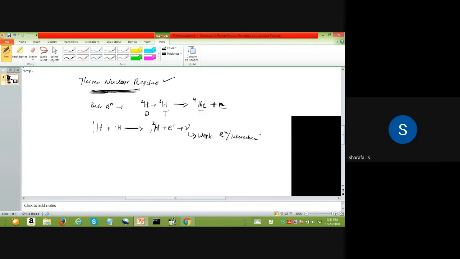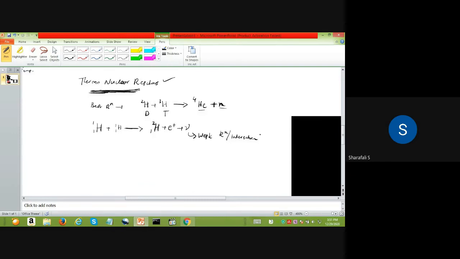This reaction will take more time, but the fusion reaction will happen within a few seconds, I mean nanoseconds, or a very short range of time interval. Even that will happen in a very short range of seconds, but this reaction will happen in some seconds, because we have that beta decay and all those things should happen. So this is a weak interaction. This will take some time to occur.